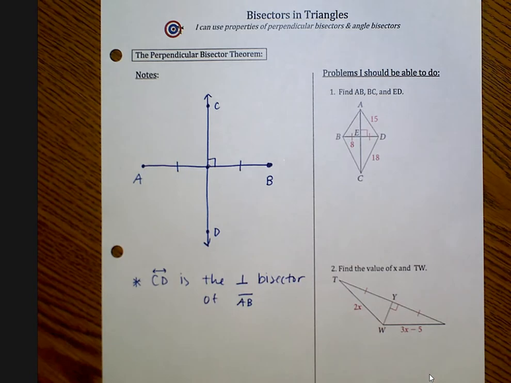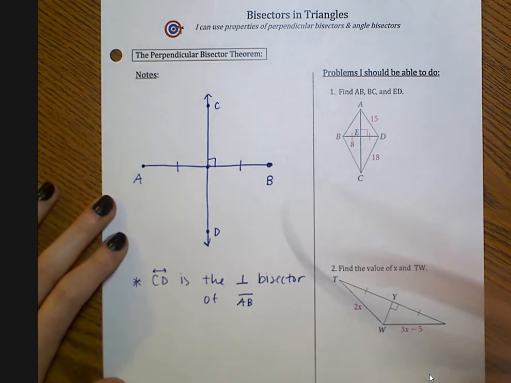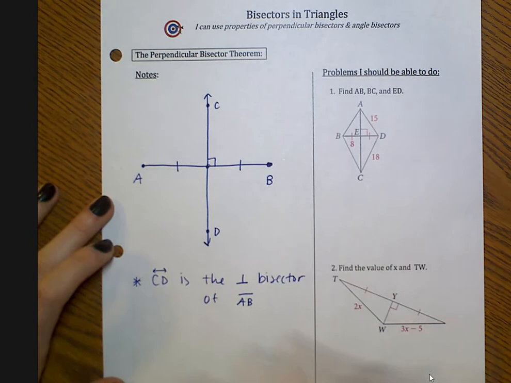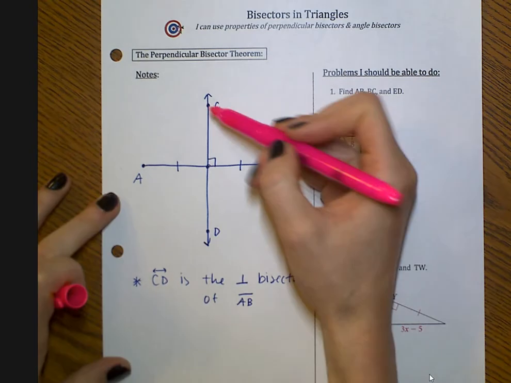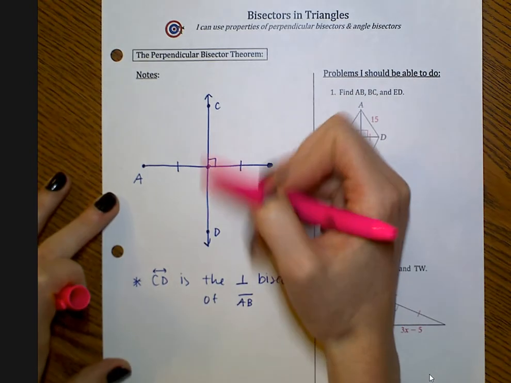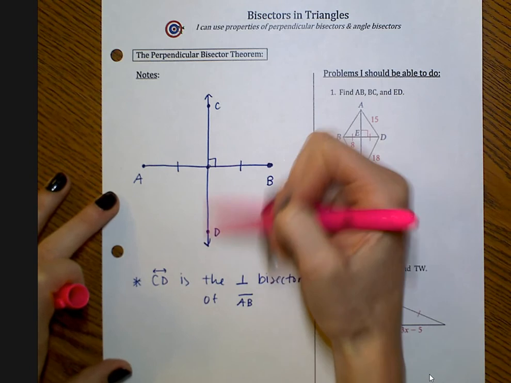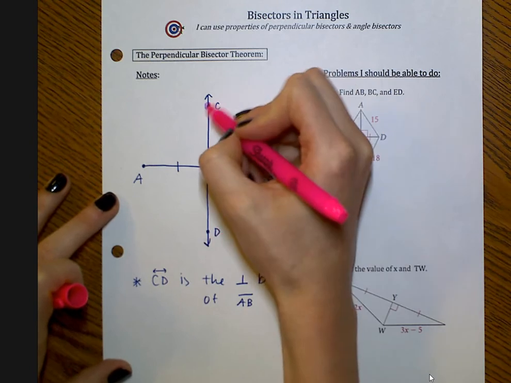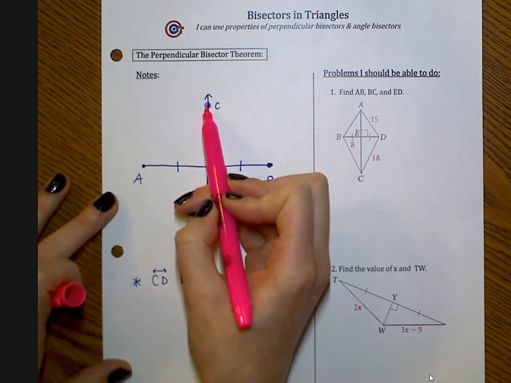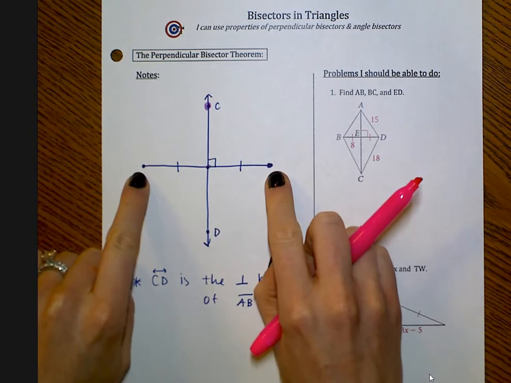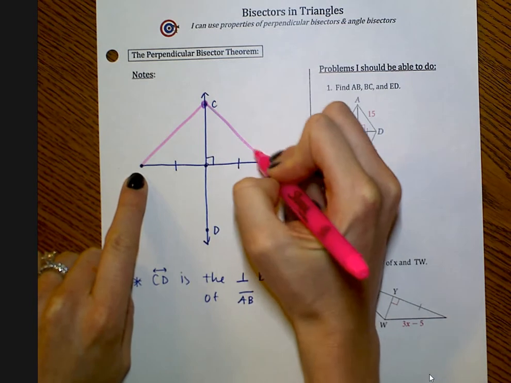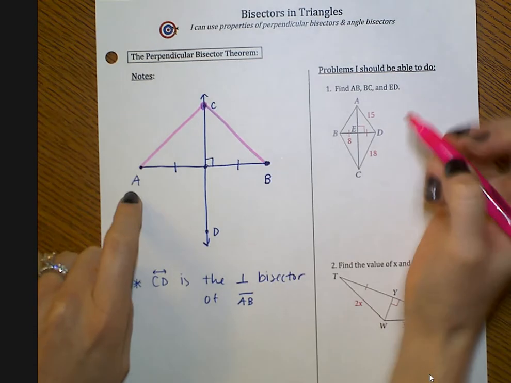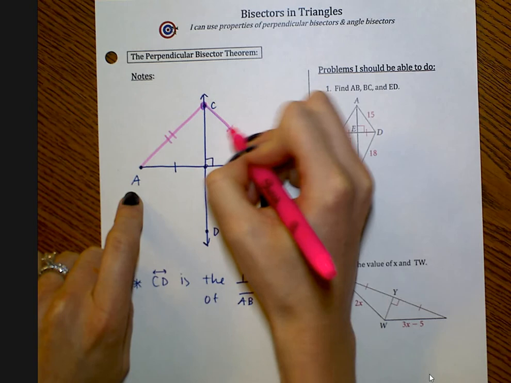Now, this theorem says that if you have this situation where you've got a segment with a perpendicular bisector drawn in, then if you take anywhere on the perpendicular bisector, line CD, so maybe we'll take point C, and you connect it to the two endpoints of the original segment, those two pieces have to be congruent.